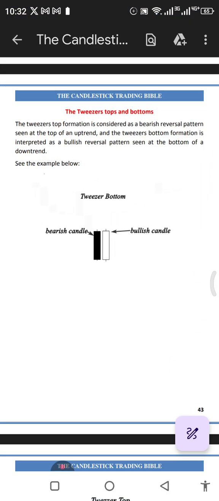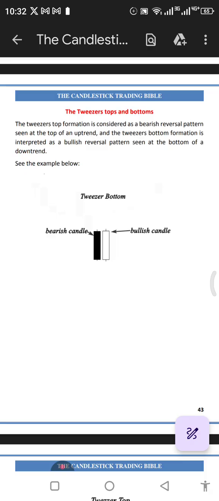Now, if we come to the tweezer bottom, you realize that this bearish candle and the bullish candle are more or less the same length, the same size.